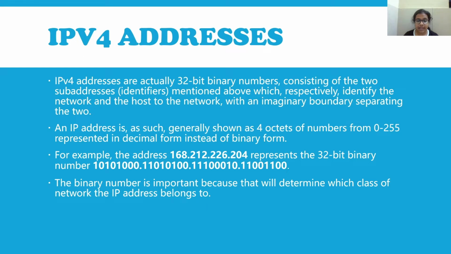For example, the address 168.212.226.204 represents the 32-bit binary number which is represented there. The binary number is important because that will determine which class of network the IP address belongs to.